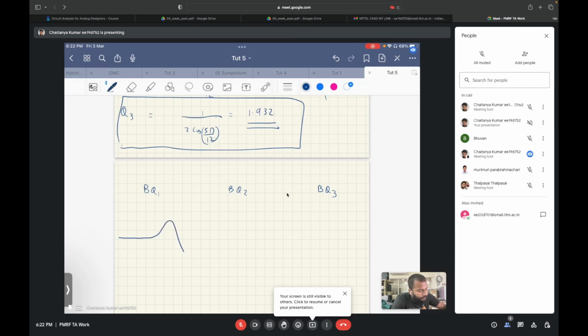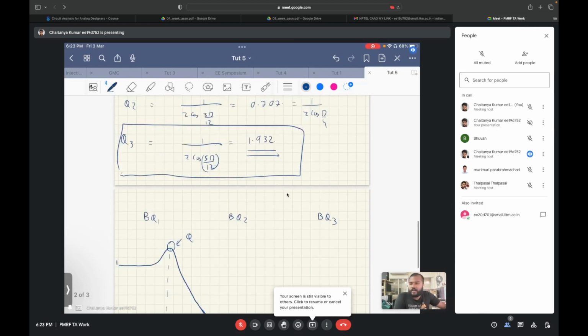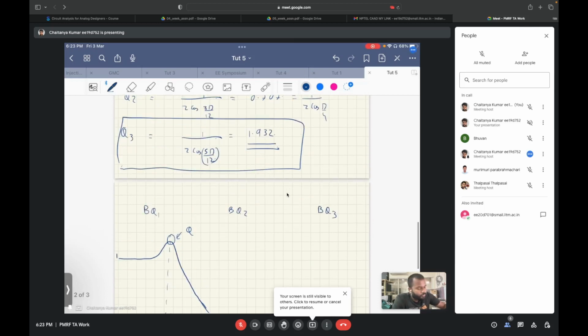The low pass response is something like this, correct? And this peak keeps increasing as the quality factor of our system keeps increasing. If the DC gain is 1, the magnitude response at omega naught is equal to Q. So what if we put a high quality factor up front?